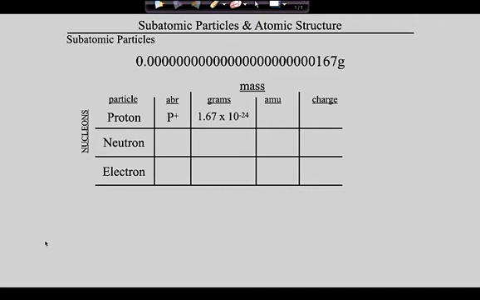AMU stands for atomic mass unit. Because these people are smart, they said, let's make an atomic mass unit equal to 1.67 times 10 to the negative 24th grams. See what that does for us? What's the mass of a proton in AMUs? 1. Aha! That's easier.